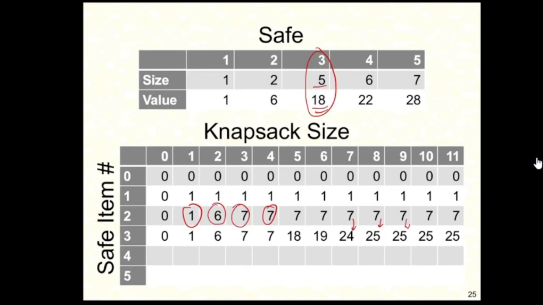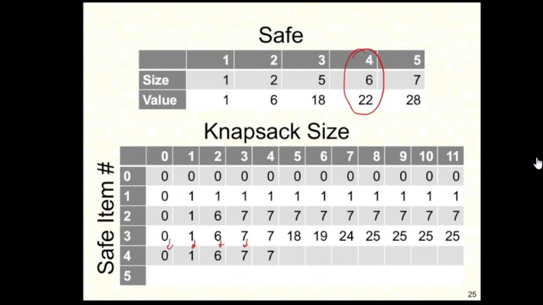All right, next row. We're working on item 4. So this one has a size of 6. So until we get to column 6, our best choice is thing above me. I don't pick the item of size 6 if it won't fit. And it won't fit until I get up to a capacity of 6. So now at a capacity of 6, it could be the thing above me or the thing 6 columns back plus 22.